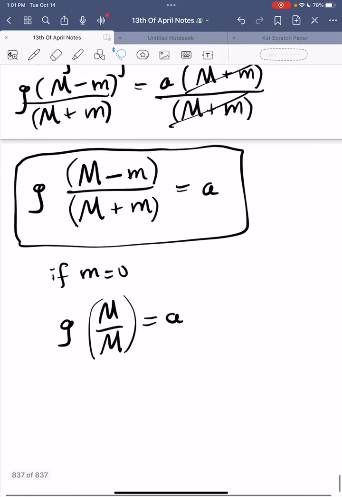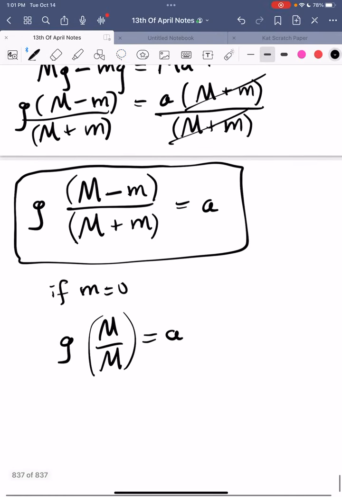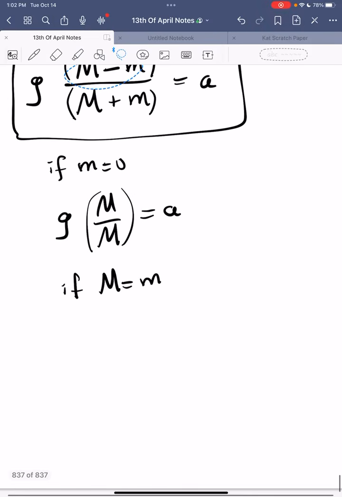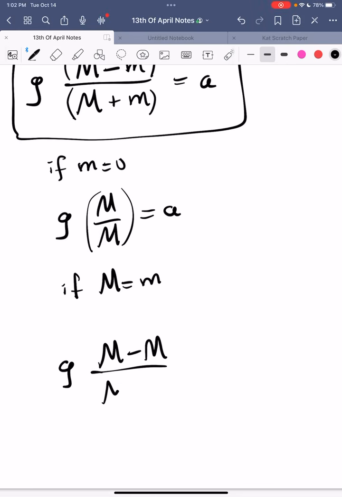One other thing to think about is this: what if capital M equals little m? Well, if that's the case, then capital M and little m are going to cancel each other, so you're going to have a 0 on top. You'd have g times capital M minus capital M, let's just say they're exactly the same, over this plus this, and that's going to equal your acceleration.